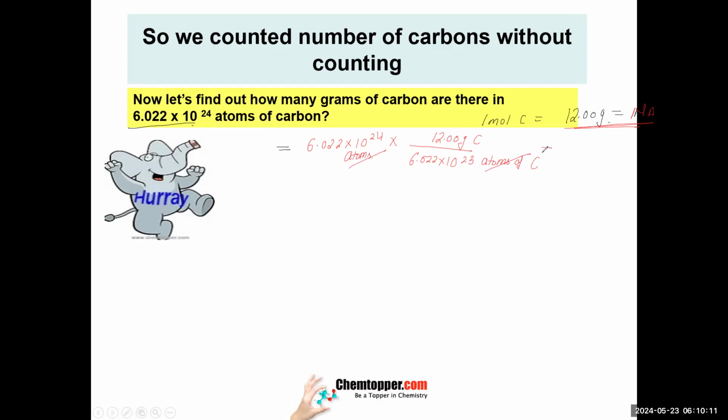And the answer is, how many significant figures? You're going to decide from this number. It's not a defined number, it's a given number. So 4. And I think Amodita is giving me the right answer, 120.0 grams.